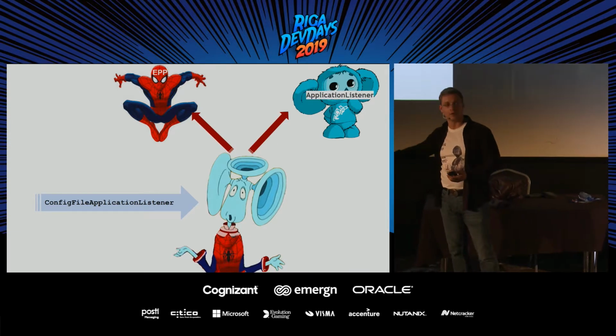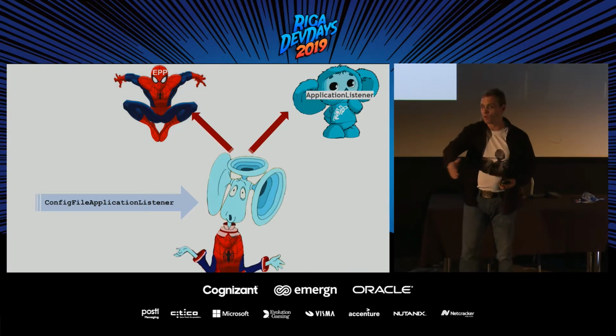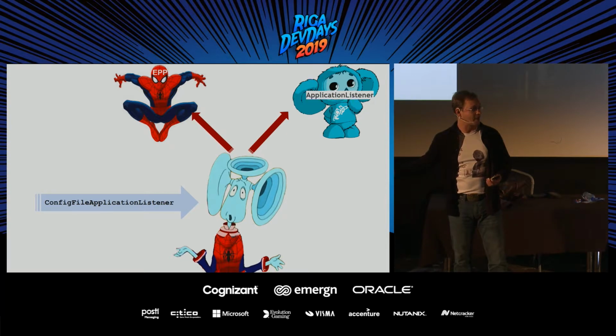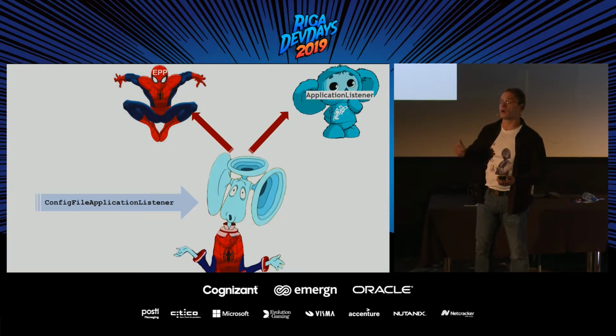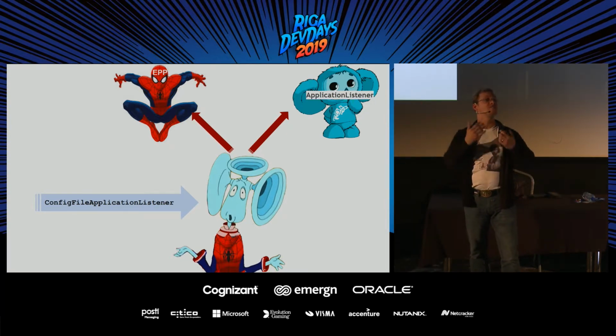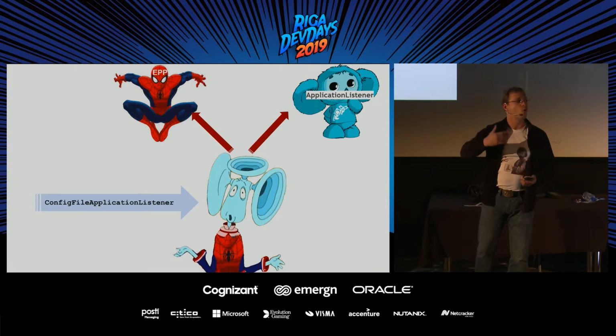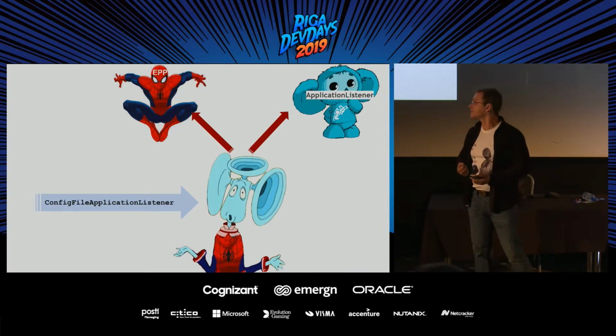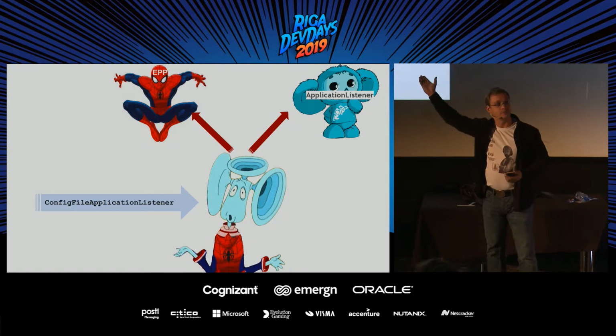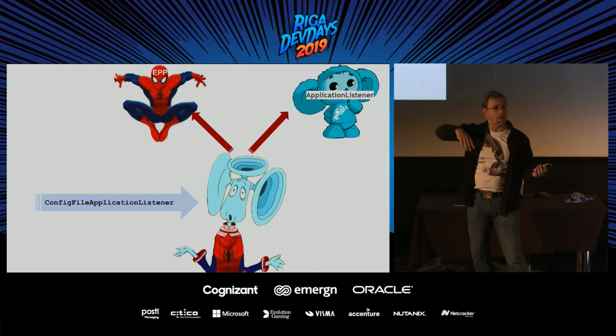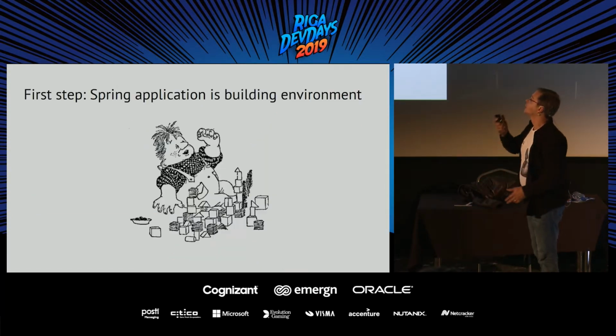Again, he goes via all the spring.factories files, finds information about all environment post-processors, creates them, and lets them work. But what is funny is that he is himself an environment post-processor. So he is both a listener and an environment post-processor.